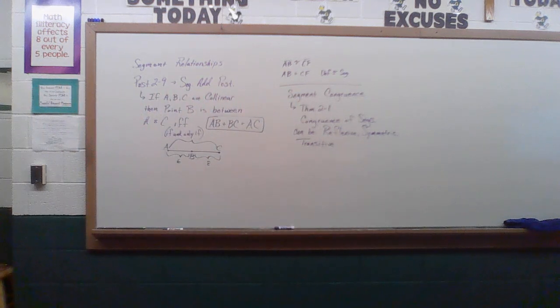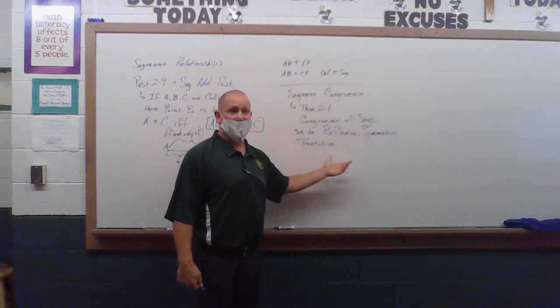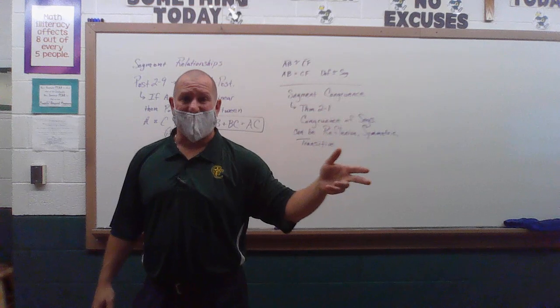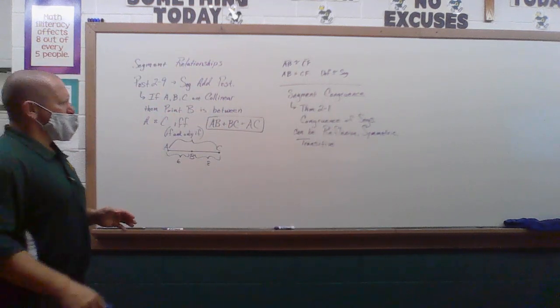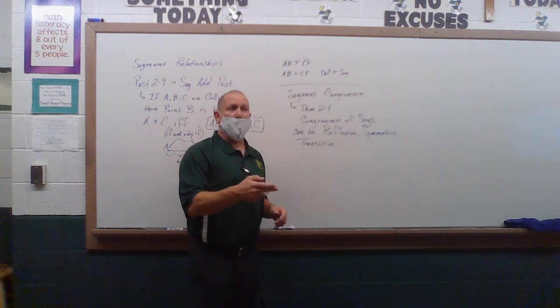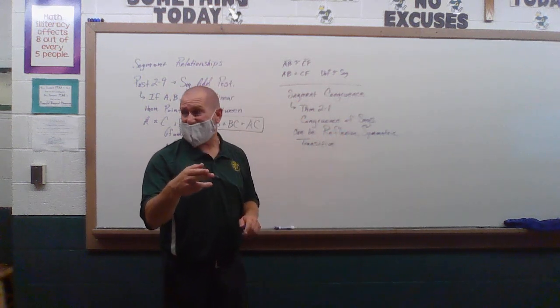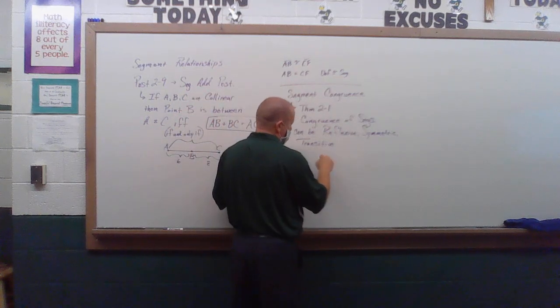So again, we'll use these three reasons for congruence a lot, not only in segments, but in angles and triangles as we continue on. So again, what does reflexive mean? Reflexive means that I have the exact same thing on my shape, for instance.